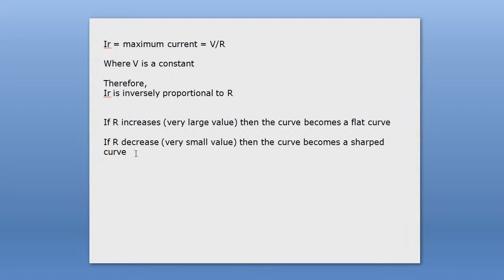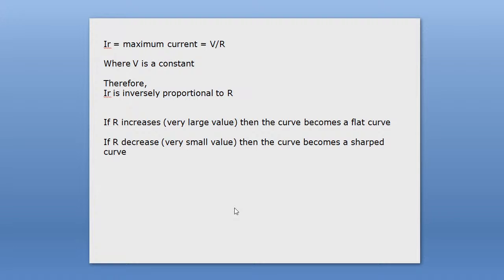And if R is 0, then what will you get? If R is 0, then V by 0 is infinite. So the maximum current goes to infinite. If R increases you get a flat curve, and if R decreases you get a peaked or sharp curve.